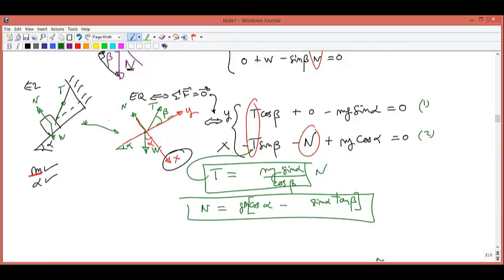Done. And again, cosine alpha, as you plug numbers, better be bigger than sin alpha times tan beta. Otherwise, we got major trouble. Okay, remember, all your answers must be positive, positive, positive.